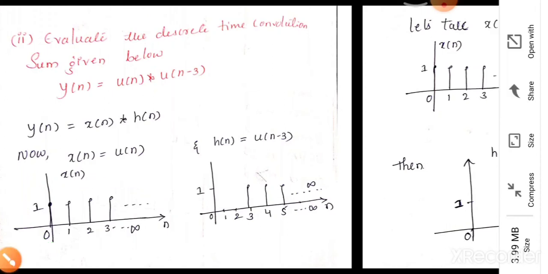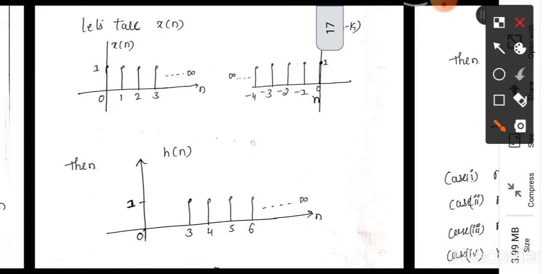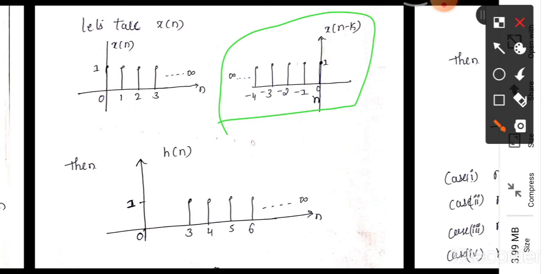If you reverse and shift this signal, you get x of n minus k. U of n, that is x of n, we know. Take its mirror image. It will be starting from 0 to minus 1, minus 2, minus 3, minus 4, but the magnitude will be 1.